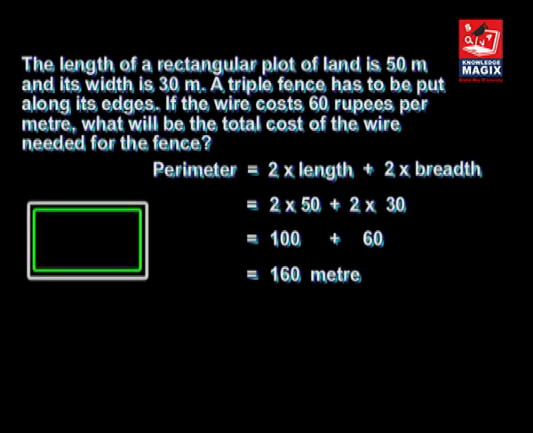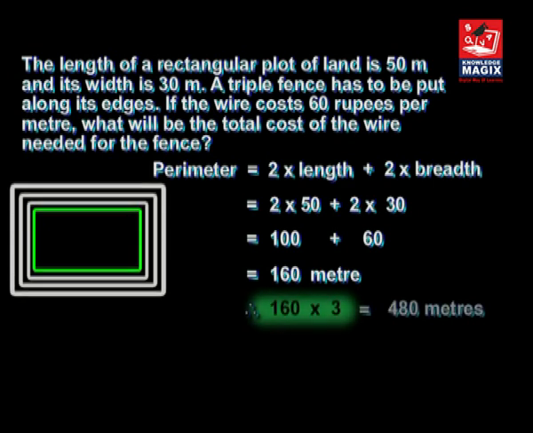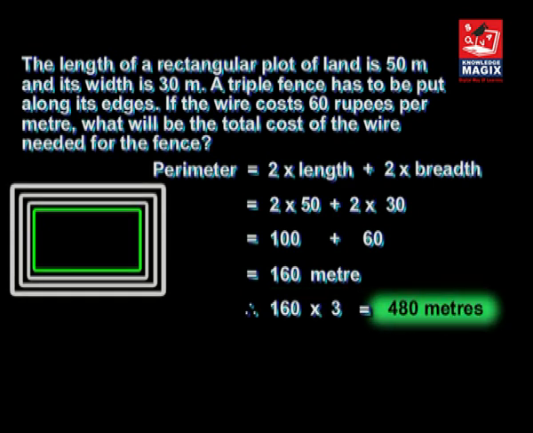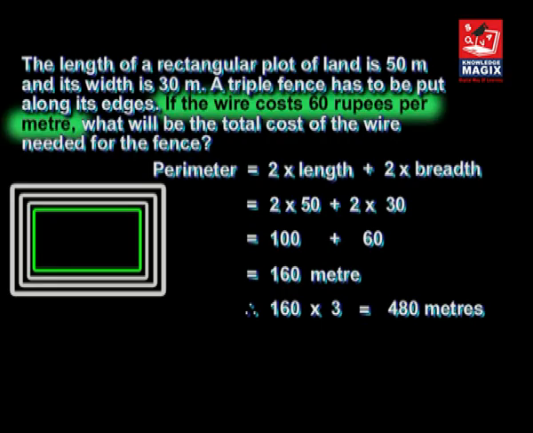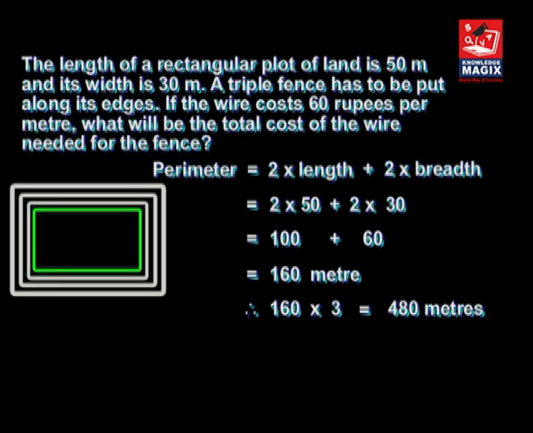A triple fence has to be put along its edges. Therefore, 160 into 3 is equal to 480 meters. If the wire costs 60 rupees per meter, that means 60 rupees for 1 meter, and the total meters are 480.